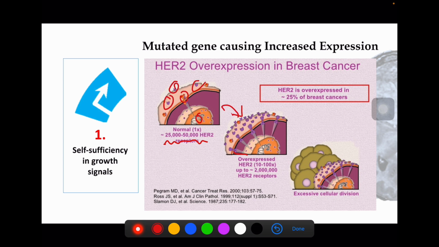But here, the receptors are much more, said to be 10 to 100 times more. So when it is 10 to 100 times more, there will be excessive cellular division, because there is no limitation of how many growth factors can attach to it, and the cell will grow and grow and grow without any stop.